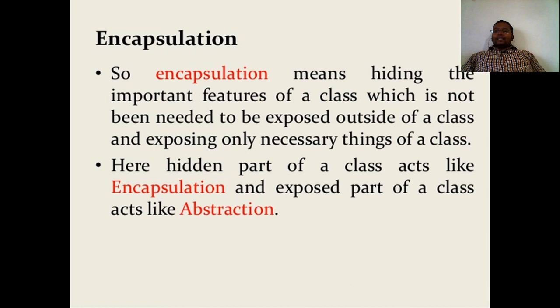That is called abstraction. We cannot deal with the hardware, how your hardware is working. That is not our issue. That is called encapsulation. These are the hidden parts of the mobile phone, called encapsulation, and we can see the apps installed in your mobile phone. This is the exposed part of the mobile, called abstraction.